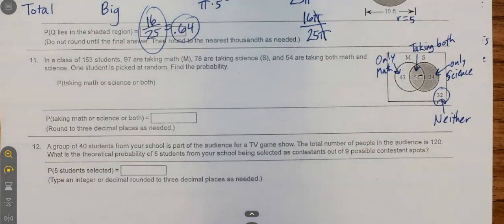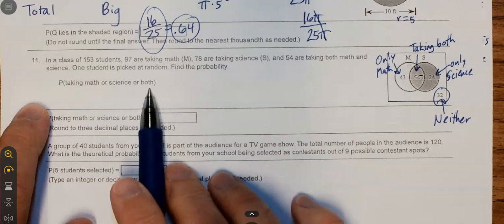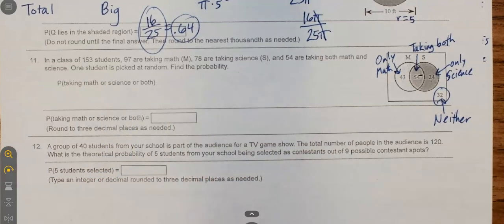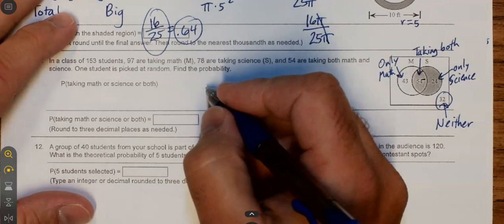Okay, so they are asking me the probability of taking math or science or both. How many kids are in that group? Math or science or both? How do we calculate this? Add what together? I do agree with you, that is one way to do it.